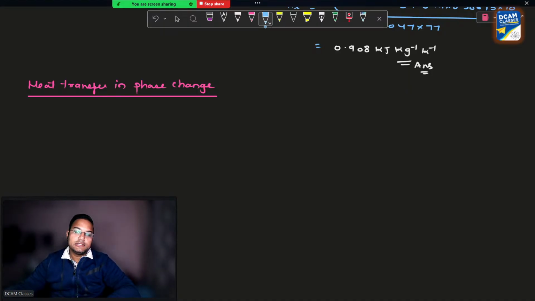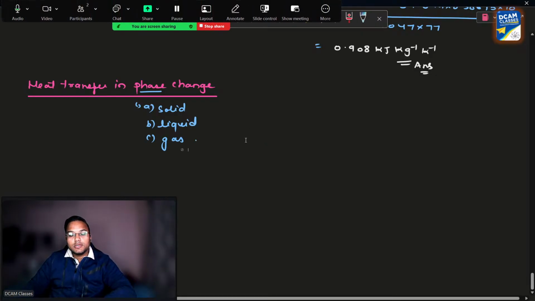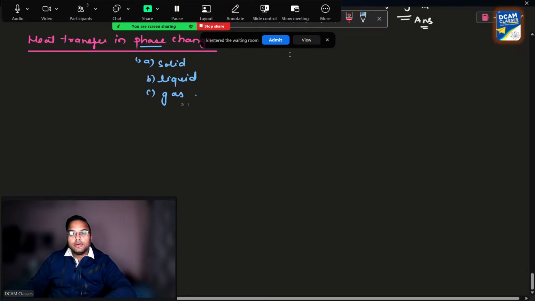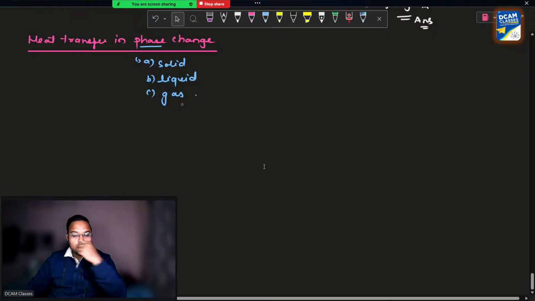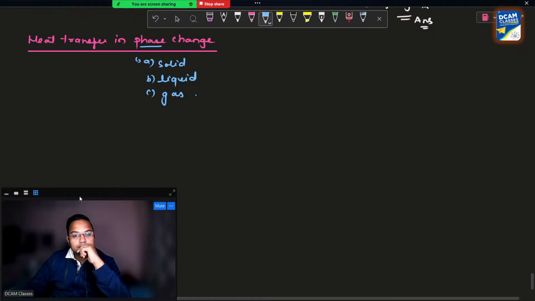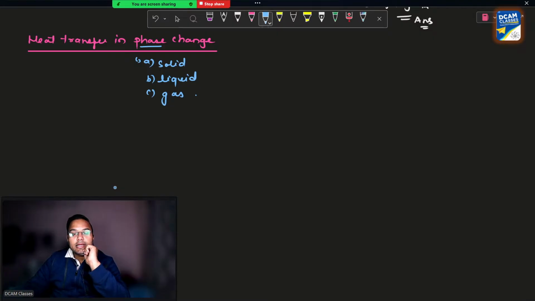See, what are phases? Phases are three types: solid, liquid, and gas. Till now, through calorimetry, we have understood how, when a liquid in the same phase changes its temperature, we calculate the heat absorbed or lost: MC delta T. But what happens if a body changes its phase?